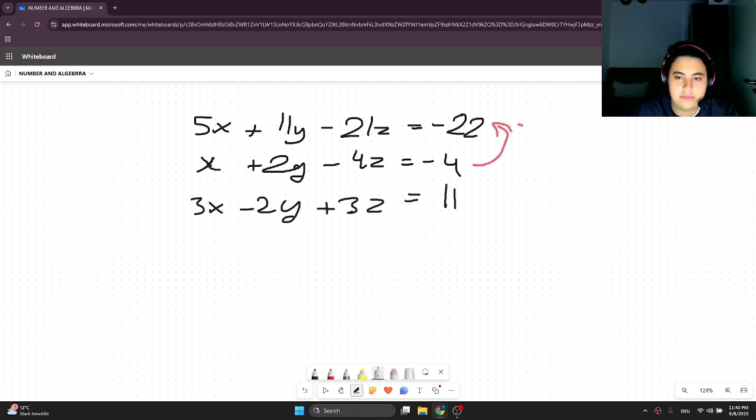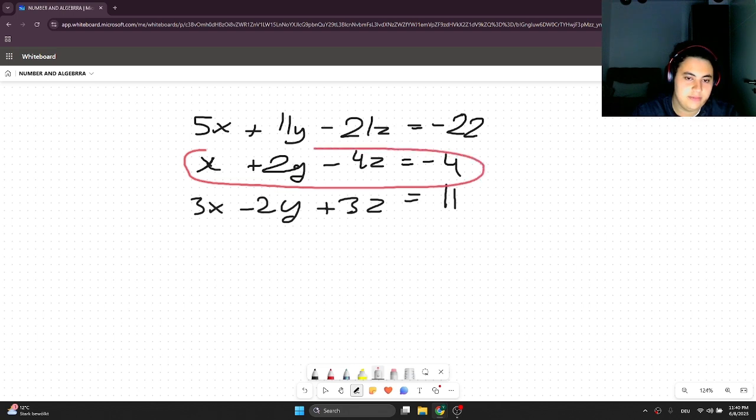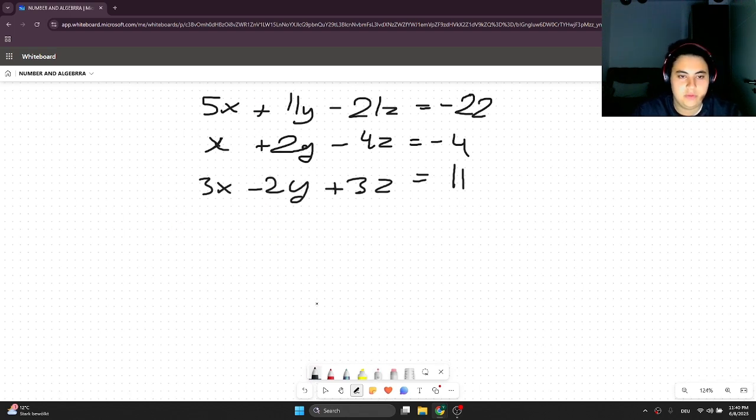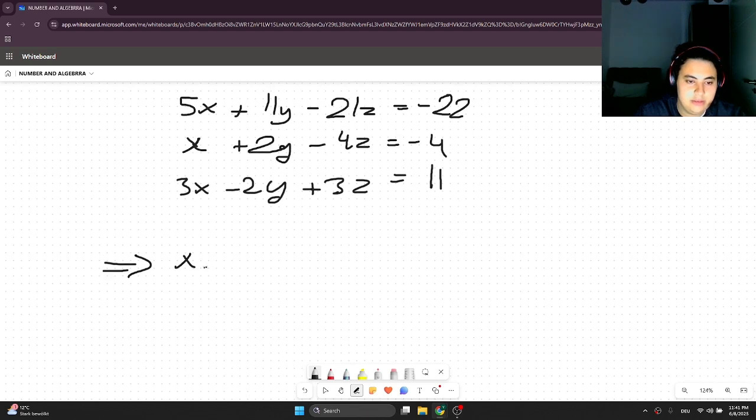So I'm going to switch around these two, because I would like this equation to be number 1, with the others following it. So I'm going to say x plus 2y minus 4z is equal to negative 4.